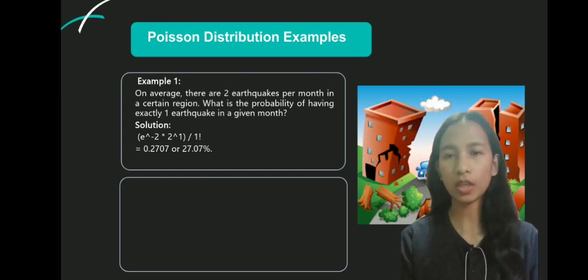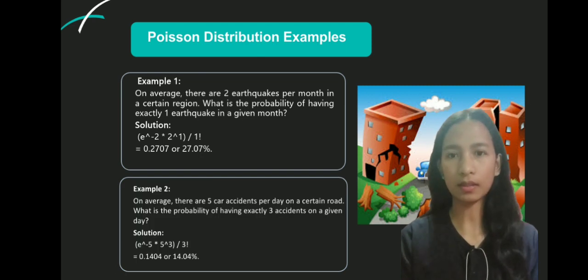Using the Poisson distribution formula, the probability is calculated as follows, which equals 0.2707 or 27.07%. Therefore, the probability of having exactly 1 earthquake in a given month, based on an average of 2 earthquakes per month, is 27.07%.